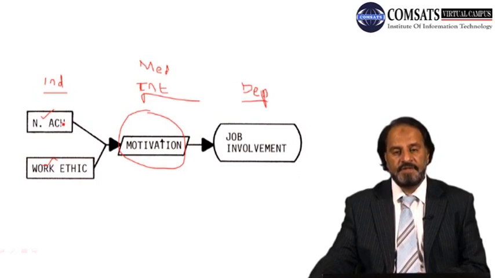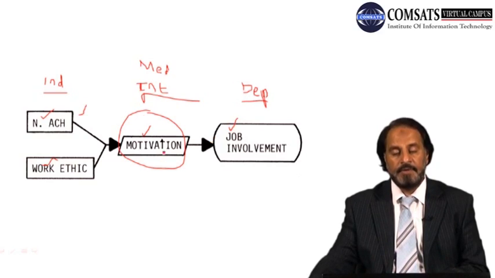What happens is the need for achievement is transformed into motivation, and motivation then influences job involvement. So we're saying when there is a higher need for achievement, it's transformed into motivation, and motivation then affects job involvement.